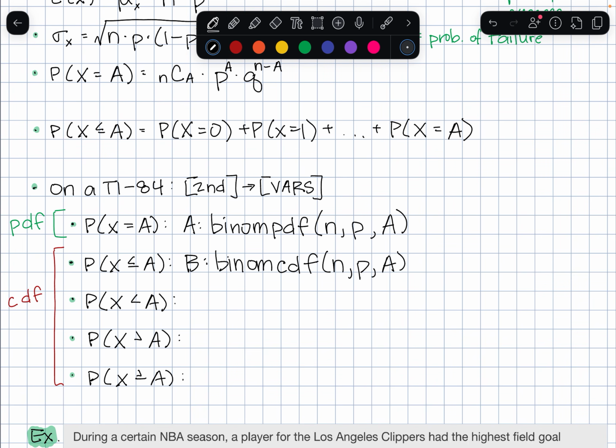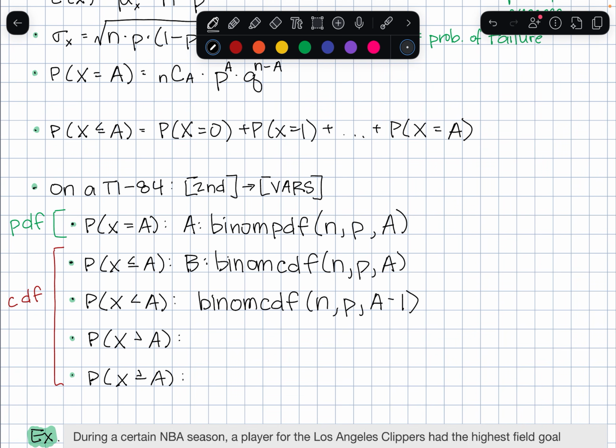Now I run into some issues. My calculator is only able to do those types of calculations. So what happens when I have one of these inequalities? The answer is we do some modifications. If I want a less than, meaning I don't want to include A, I'm just going to start my Binomial CDF one number lower: N, P, A minus 1.